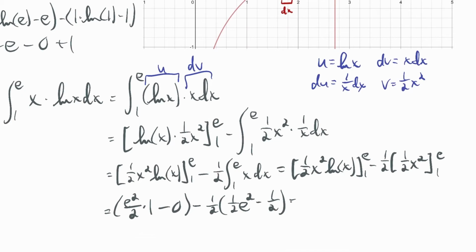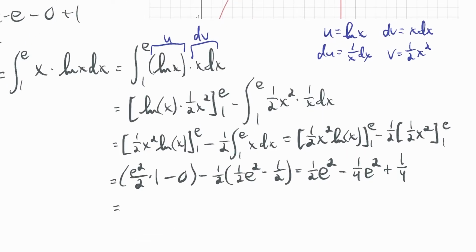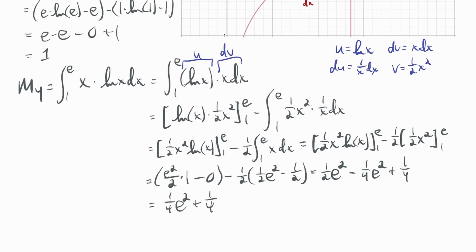So I get 1/2 e squared minus 0, so I don't need it, minus 1/4 e squared plus 1/4. So I get 1/4 e squared plus 1/4. Okay, so that means if I want, I could go ahead and find x bar now, but we'll wait till the end.